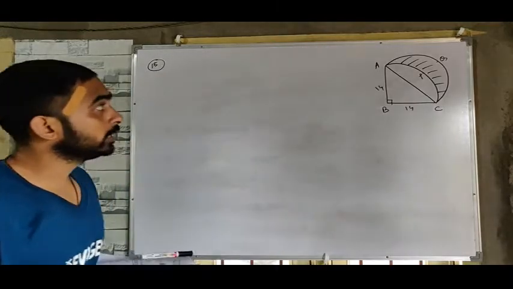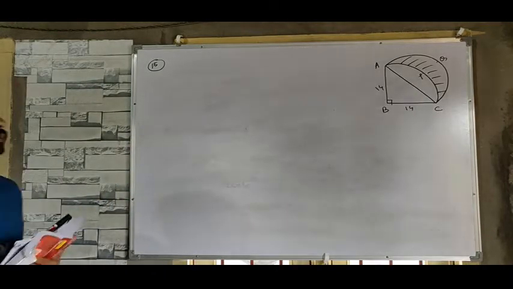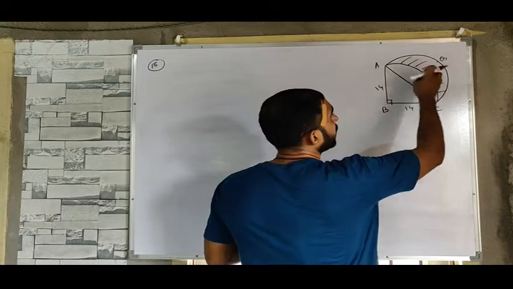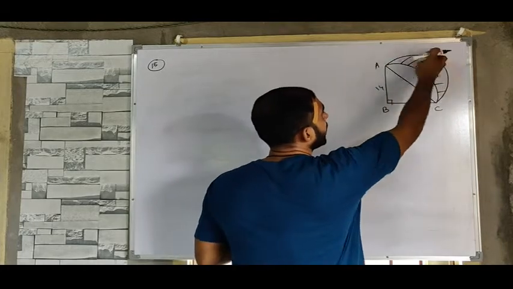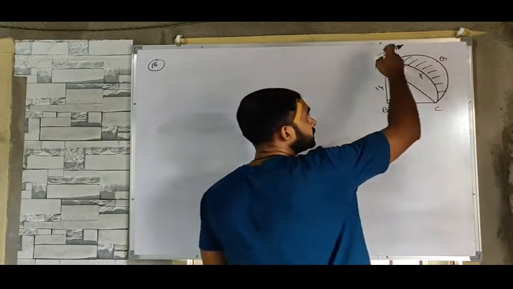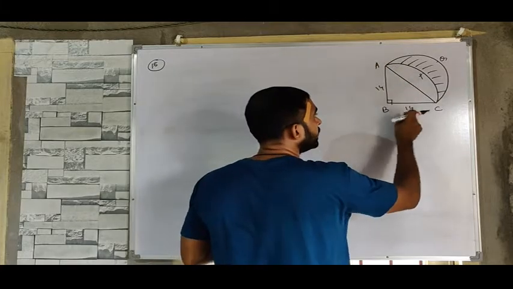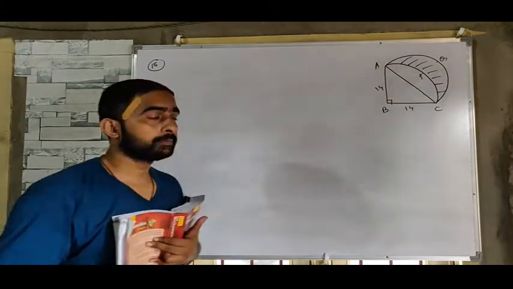Okay, now see here what is the question? Here we will find out the area of the shaded portion. Now this is the shaded portion, and this is a quadrant, and this is a semicircle. AQC is a semicircle, and ABCP is a quadrant.